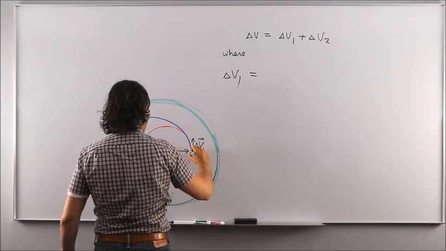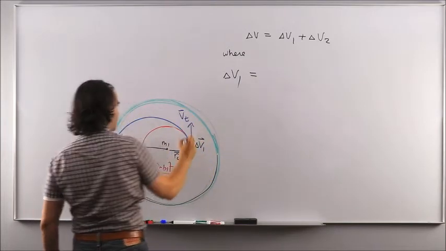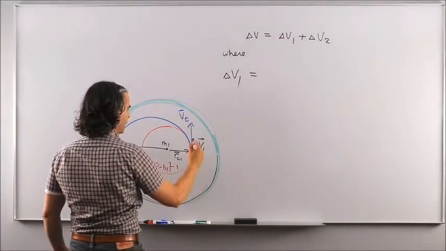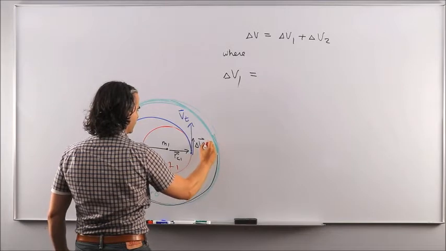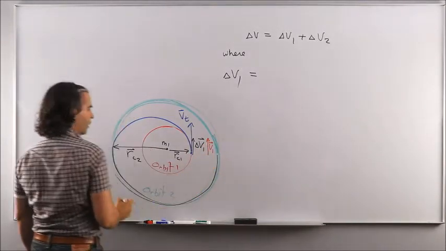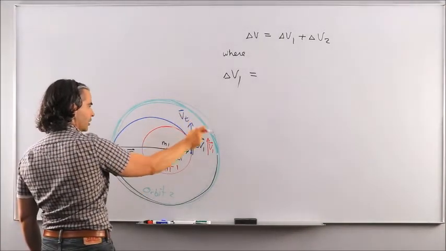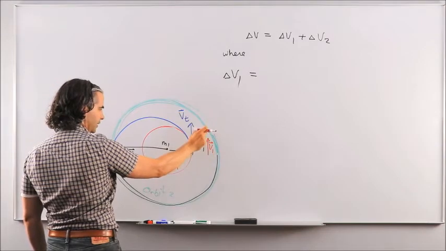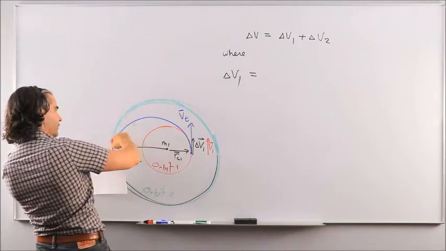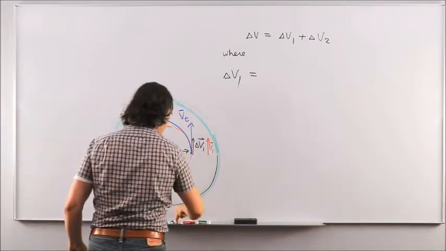If this is V transfer, where the transfer orbit is highlighted in blue, and you had V1 like that, well, obviously Vt, so velocity of the transfer orbit, is larger than the velocity along the circular orbit, because the size of the transfer ellipse is larger than the size of the initial circle.